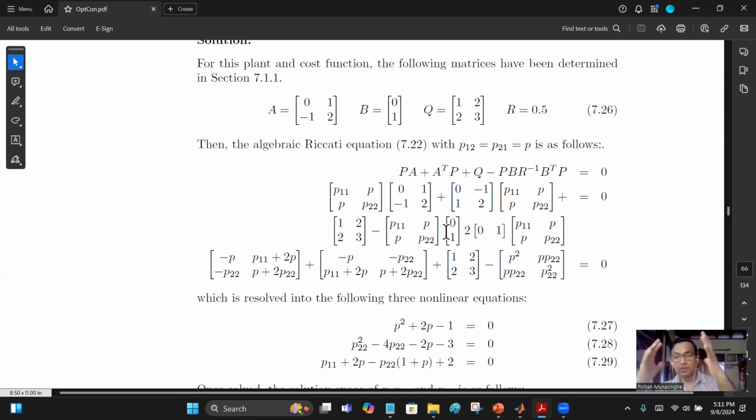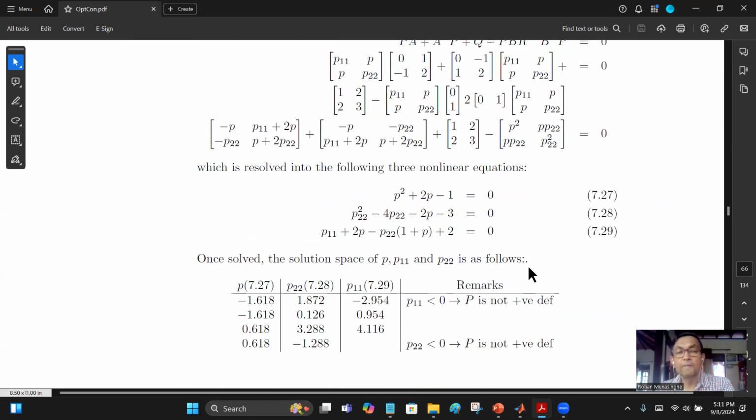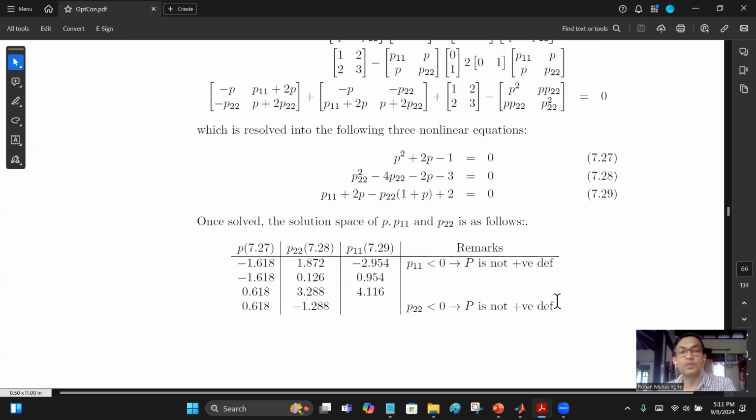So when you put A, B, R, Q into this Riccati equation, the only variables are P11, P, and P22. You can do this computation eventually to get these three equations, one for P11, another for P, another for P22, actually three equations with all these three variables. Now it's a simultaneous set of equations. You can solve them to find the solutions.